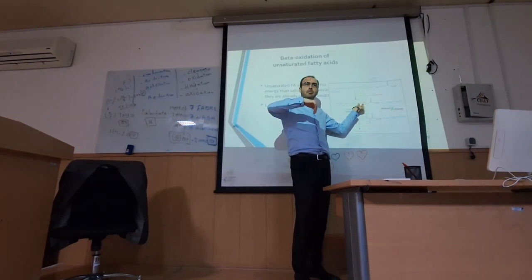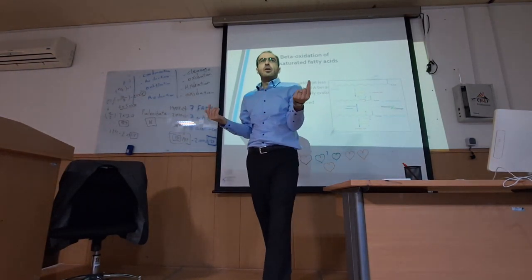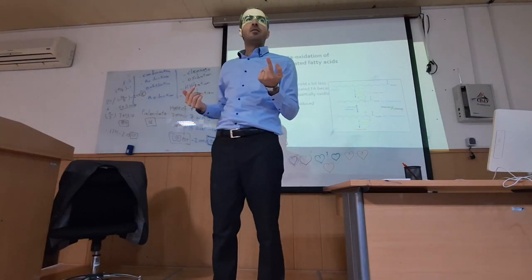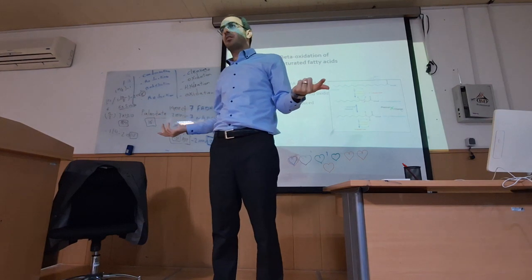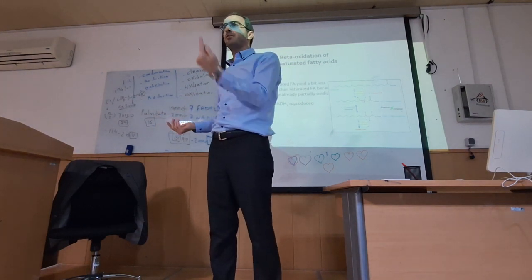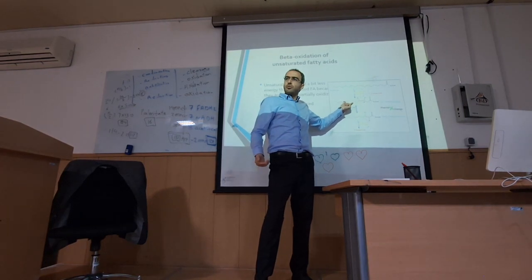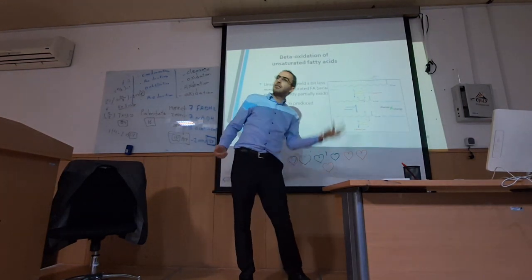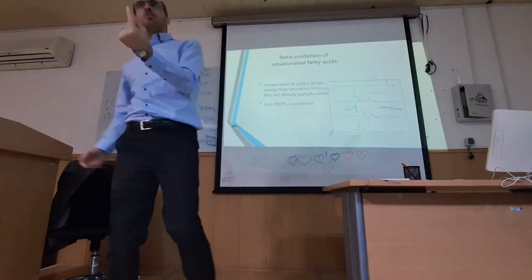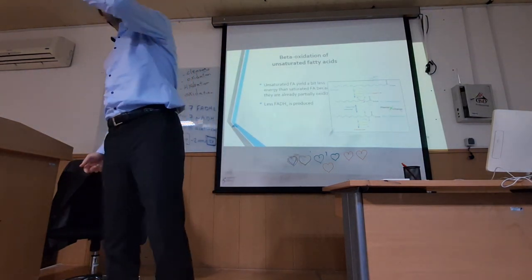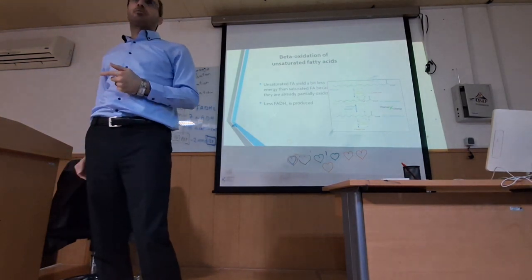So we can understand 1 FADH is produced less than for the saturated fatty acid. Just 1 FADH for any double bond. If it has 2 double bonds, 2 FADH. If it has 3, 3 FADH. So compared to saturated, you have to subtract 2 from the final product.